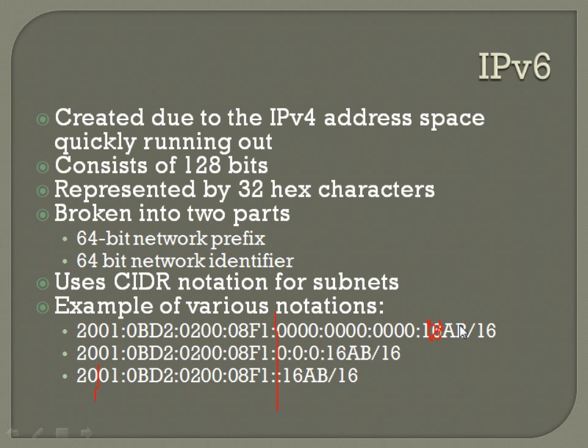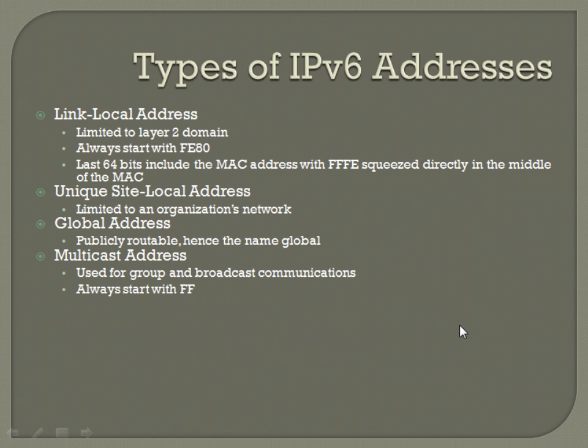IPv6 address. So your link local address is going to be limited to your layer 2 domain. With IPv6 addresses, you're not even just limited to layer 3. You're going to have an IPv6 address that corresponds to your layer 2, and it's always going to start with FE80. The last 64 bits include the MAC address.